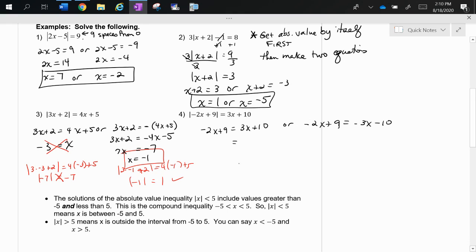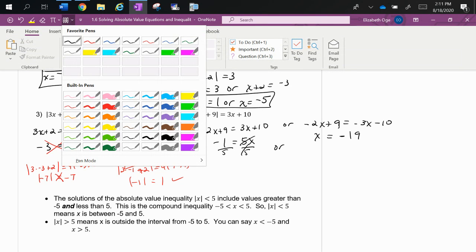Then I'm going to solve both equations. I'm going to add 2x to both sides and get 5x, and subtract 10 from both sides and get negative 1. Divide both sides by 5, and I get negative 1/5. Or I'm going to add 3x to both sides, so I get x equals, subtract 9, and I get negative 19. So now I'm going to check both of my answers.